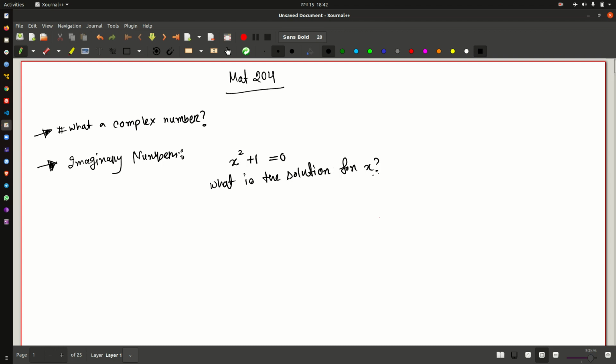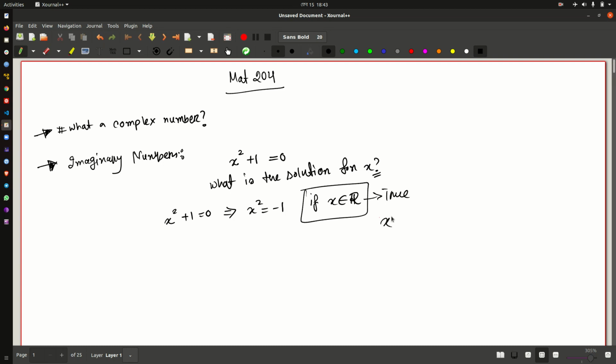If you want to do the algebra, you would write x squared plus 1 equals 0, and then you would say x squared equals minus 1. And if you restrict that x should be only a real number, then you can easily see that if this is true, then there is no x that satisfies this equation.